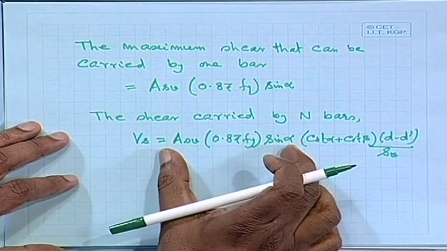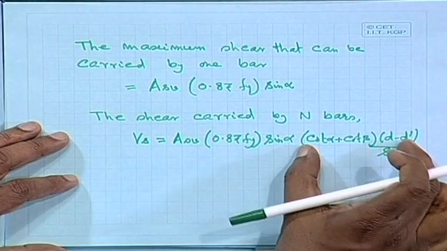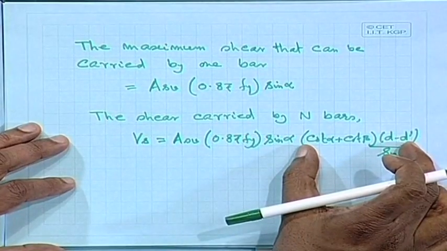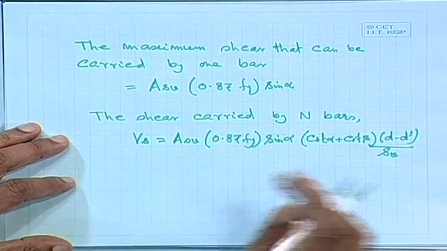So, this is the one for single link inclined, and this is the number of links. So, we can get Vs equal to this much.